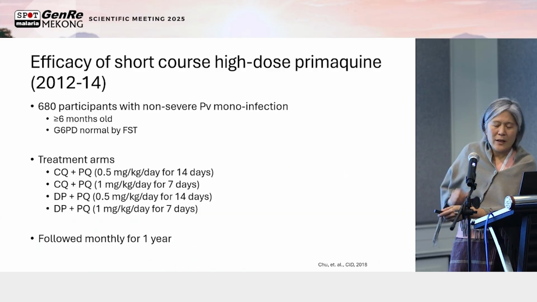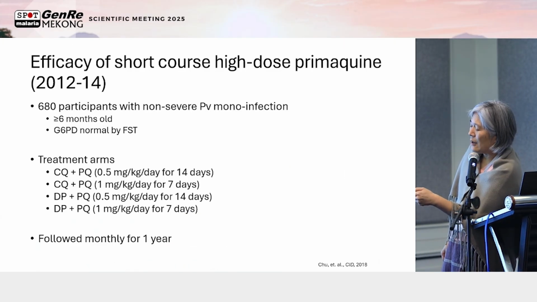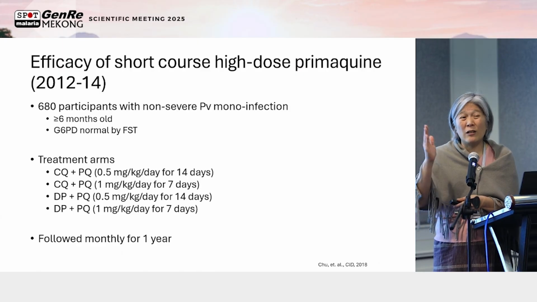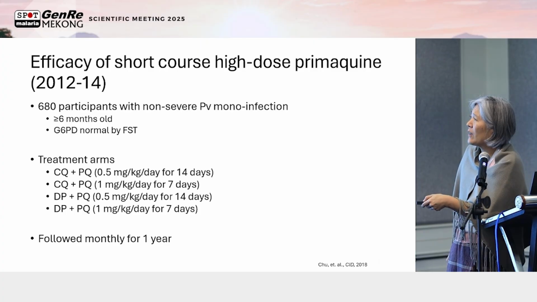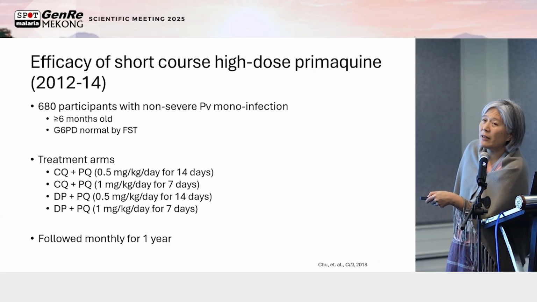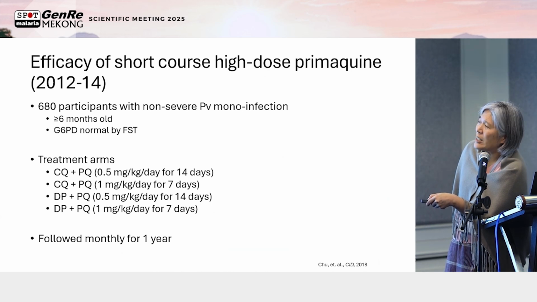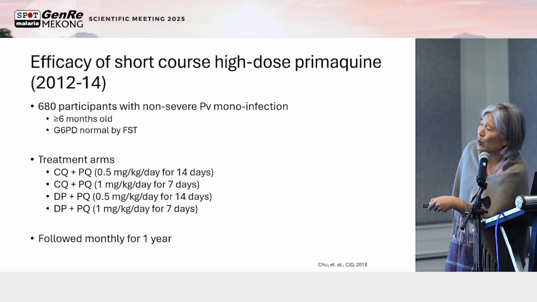Great. So this is the second study, run from 2012 to 2014. Keep in mind that malaria transmission along the Thailand-Myanmar border at this time was decreasing drastically. This study took 680 patients. We used the same inclusion and exclusion criteria, but this time we gave everybody primaquine, because we wanted to look at high-dose primaquine: can we give it over 14 days, or over 7 days with double the dose?